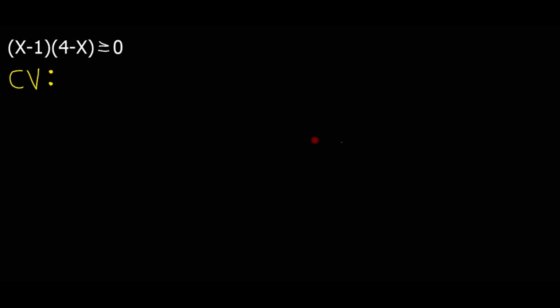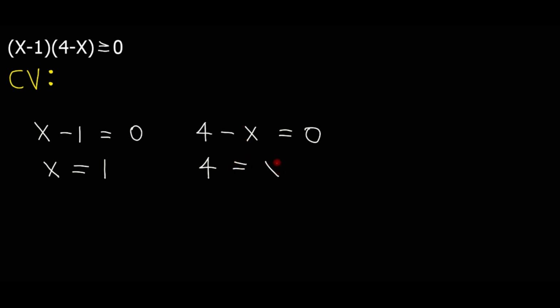So for this one, remember it's x minus 1 is equals to 0, and then x is equals to 1, and then as for this one, 4 minus x is equals to 0, and then resolve for x. Minus x kaisha to the other side ya positive. So our critical values x is equals to 4 and then x is equals to 1.